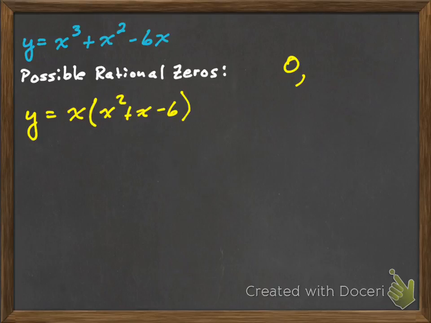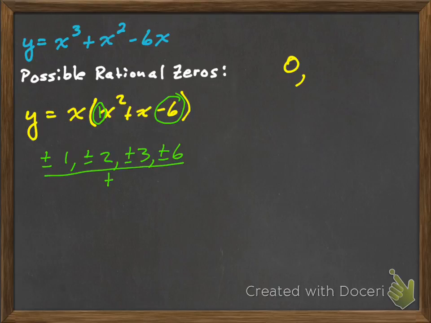All right, so we have a constant of 6 on the end and a leading coefficient of 1. So that's going to give us plus or minus 1, plus or minus 2, plus or minus 3, and plus or minus 6, all over plus or minus 1.